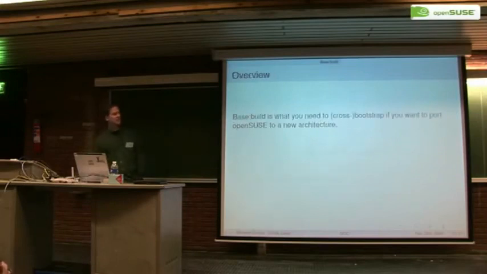This set of core packages is also the set you would need to cross-bootstrap if you want to bootstrap on a new architecture, like ARM or, I don't know, there are not that many new architectures these days, but it's probably mostly interesting for embedded architectures. And on a side note, maybe you know Linux from Scratch.